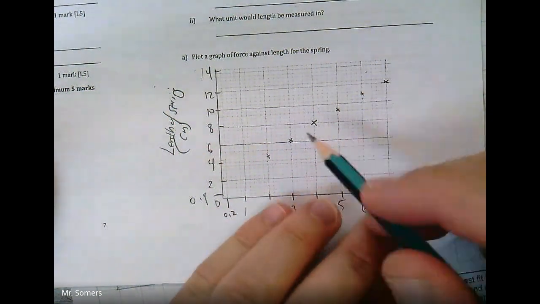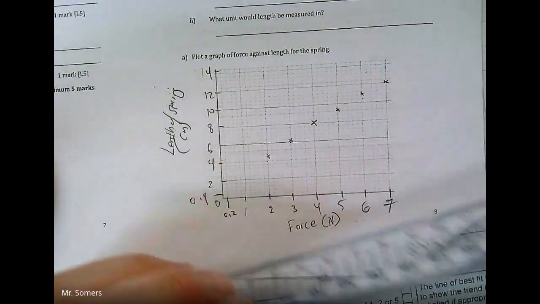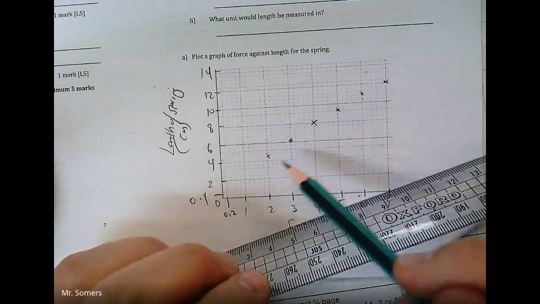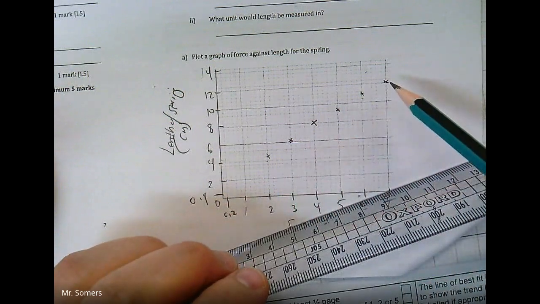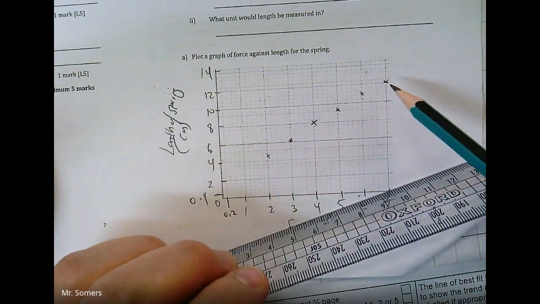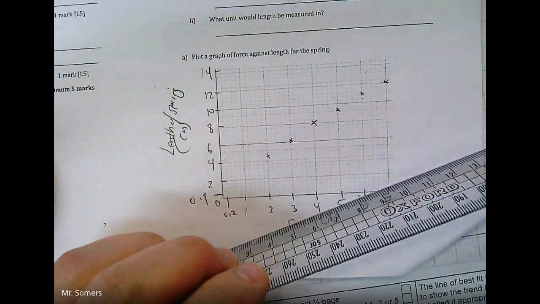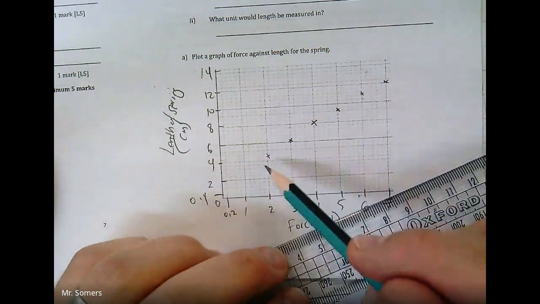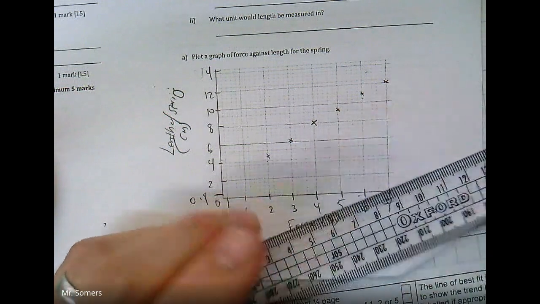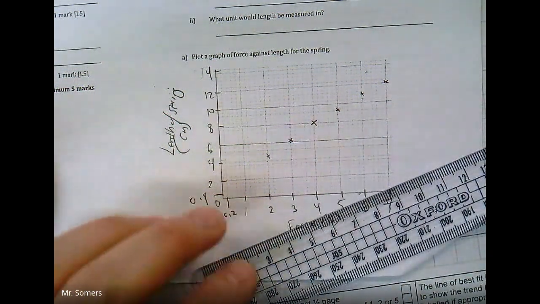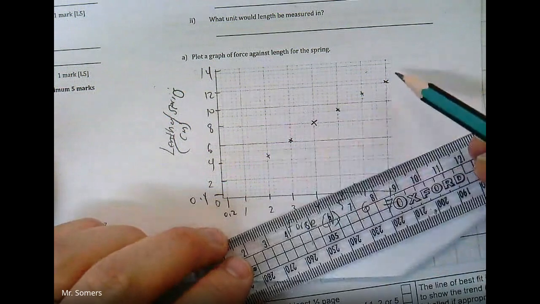Even if you didn't know that, for a line of best fit, I need to go through as many points as possible. And if I can't do that, I need an equal number of points above and below the line. Doing a smooth curve, there's no need for it here. I can use a ruler here.